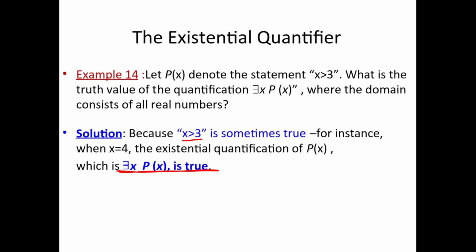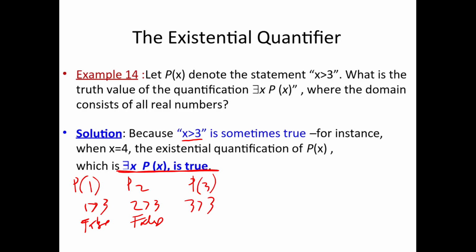Kaya kung mulaong kita, for example, ang value nato x is equal to 1, makita nato na 1 is not greater than 3. So this is false. And then p of 2 is not greater than 3, false gihapon siya. p of 3, we have 3 is greater than 3, false because this should be equal. And then p of 4, 4 is greater than 3, so mahimo siya na true.